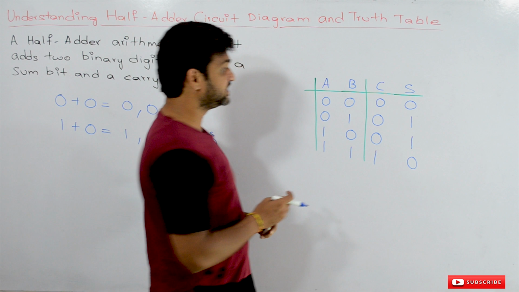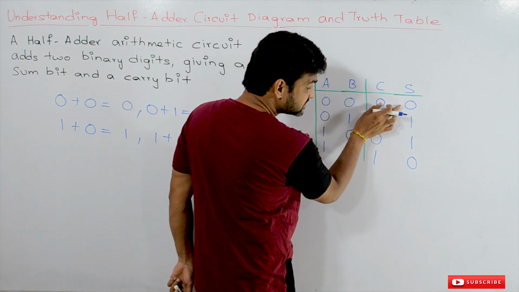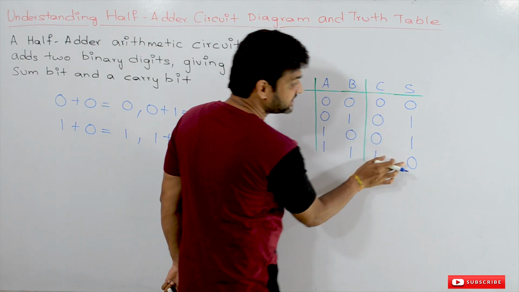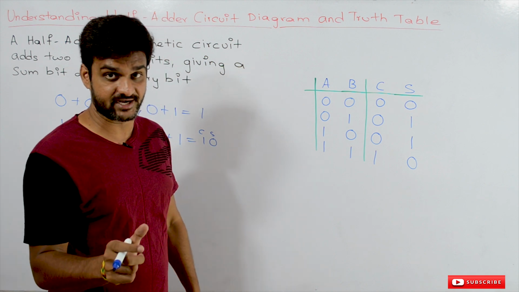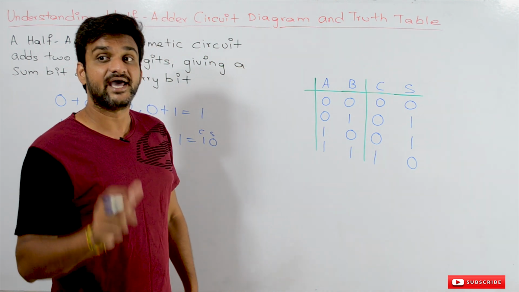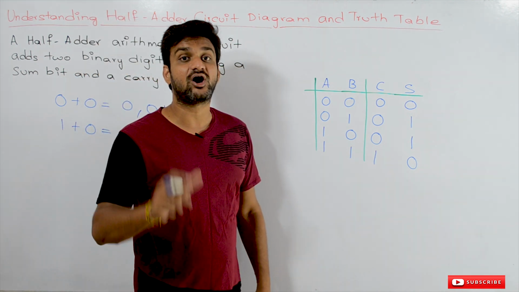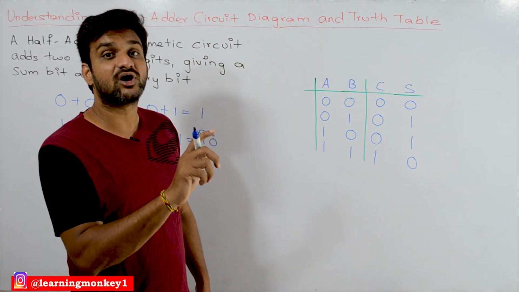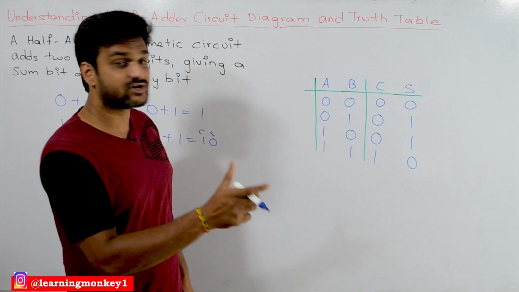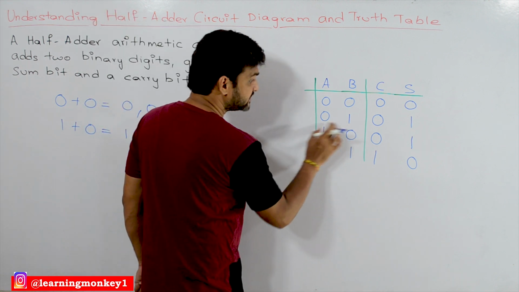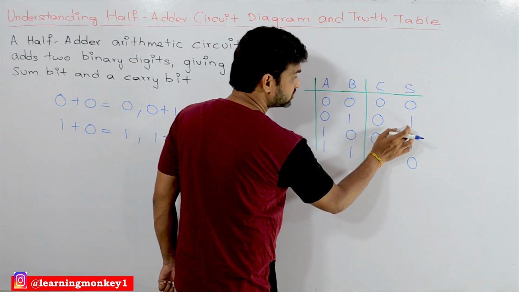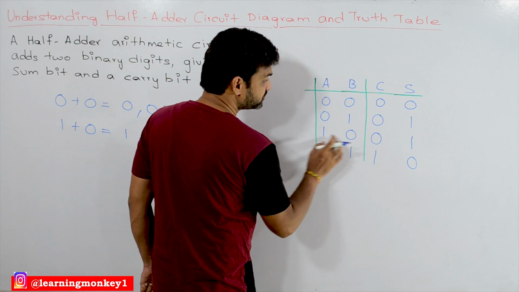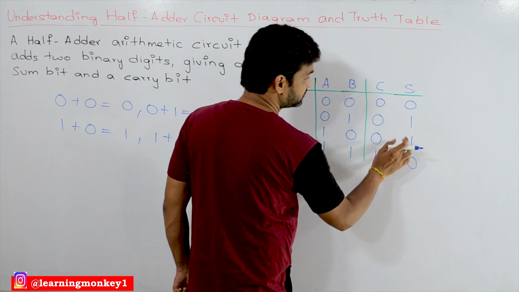This output resembles an XOR gate. What is an XOR gate? An XOR gate will produce an output of 1 whenever the inputs are different. Here these inputs are different, so it is going to produce an output of 1.